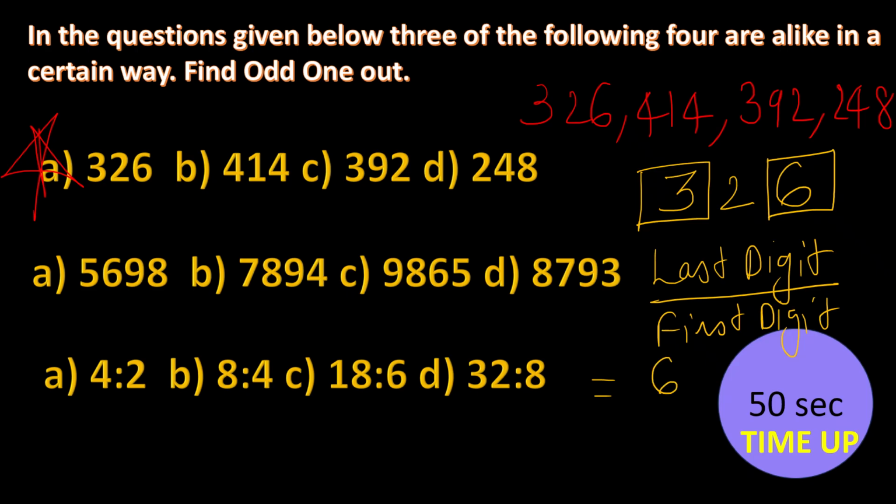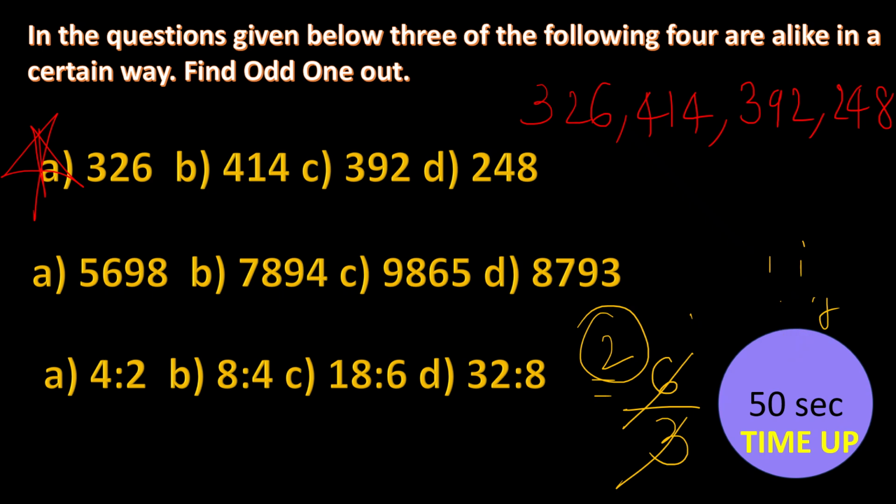Last digit is 6 and first digit is 3. So when you divide, you will get 2 as the answer. That 2 is in the middle. Understanding, right? So last digit divided by first digit, you will get the middle digit. So that is the logic used here.